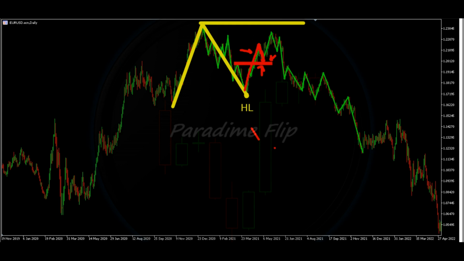So let's assume here that we are here in green, and we get this break of structure, and we get this level, so we are basically zooming into the green structure that we're analyzing at this point. We are getting this pullback, and we're expecting price to reverse at this level.